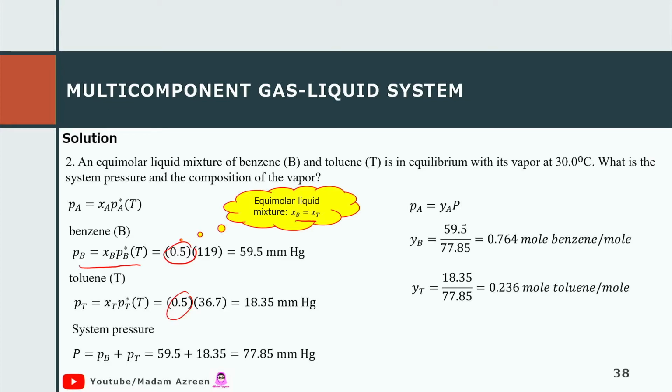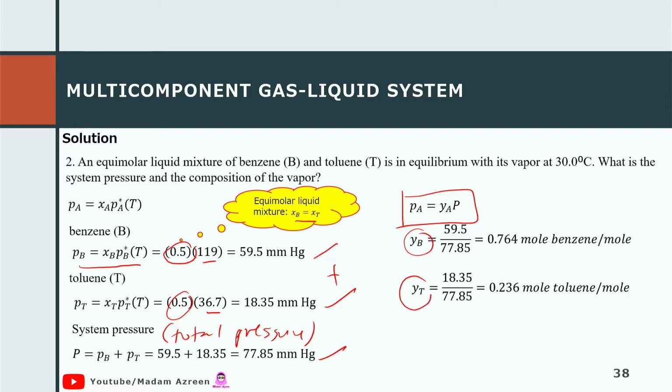So the value of X times the vapor pressure, you will get this one and this one. We just total these, and we get the total pressure or system pressure. Then from this equation, we can determine the value of Y for benzene and the value of Y for toluene.